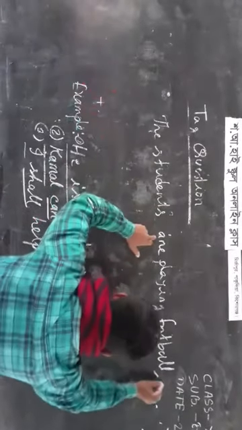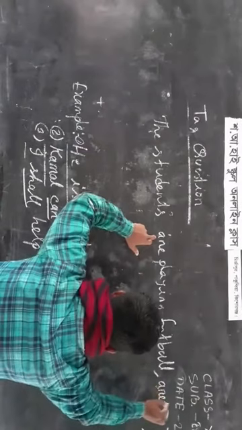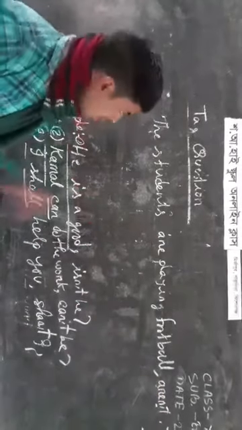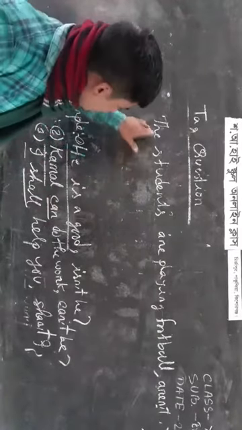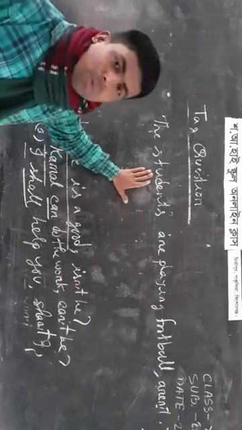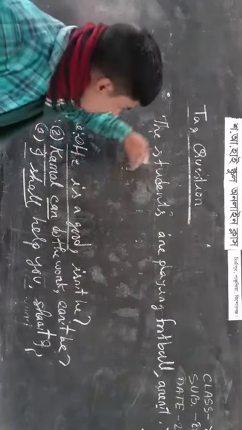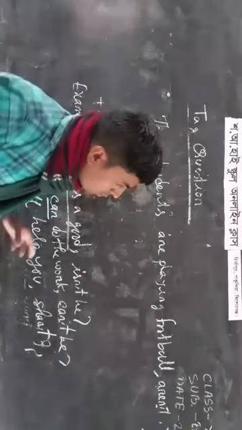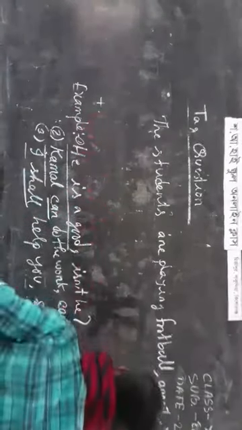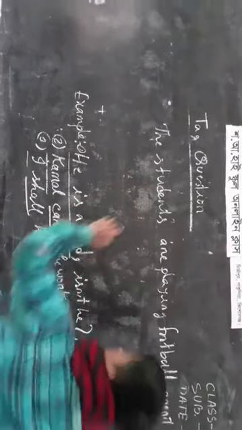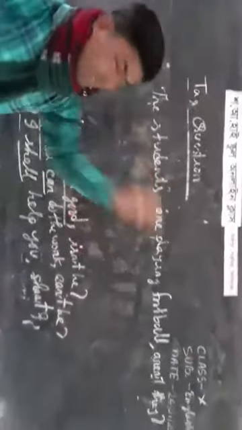Here the auxiliary verb is are, then the short form of not, n't, then the subject. Here the subject, the students, is in the plural number. For this reason, if the noun is plural, you should use they as subject. So, as there is a noun, you should use a pronoun as subject, and the pronoun of students is they.